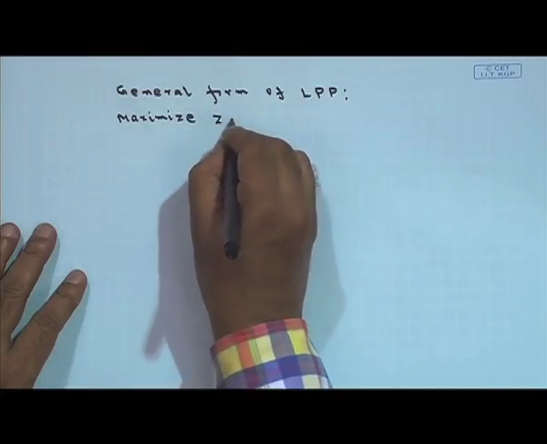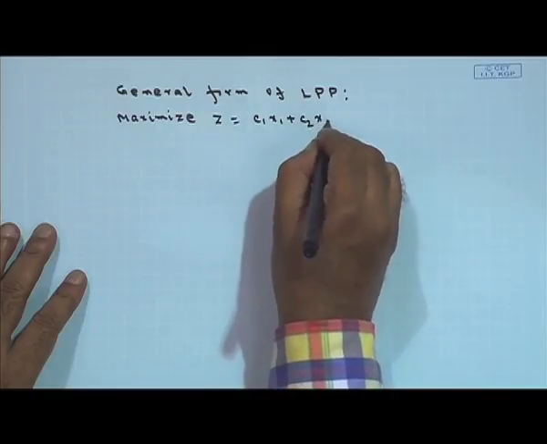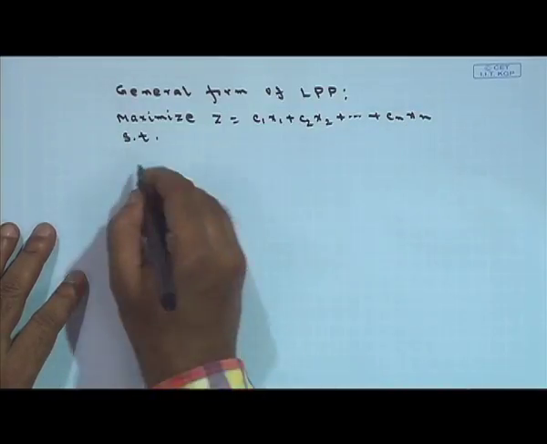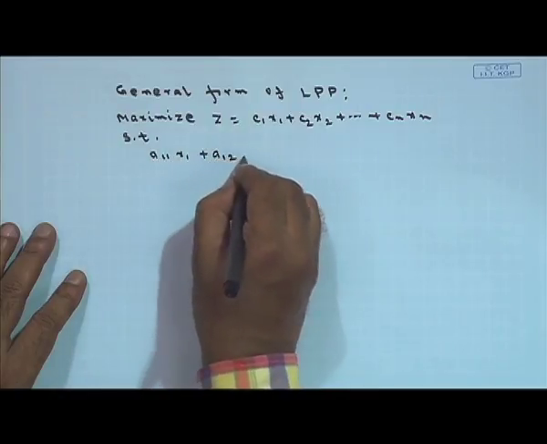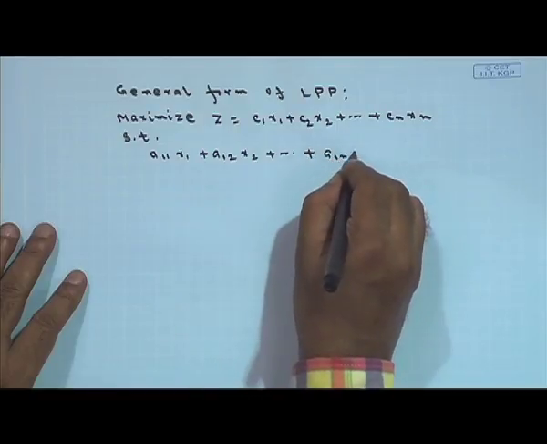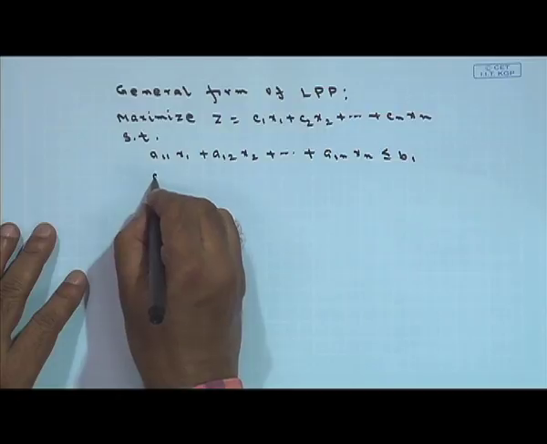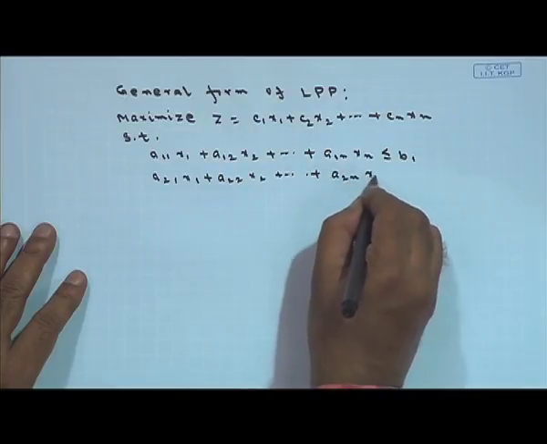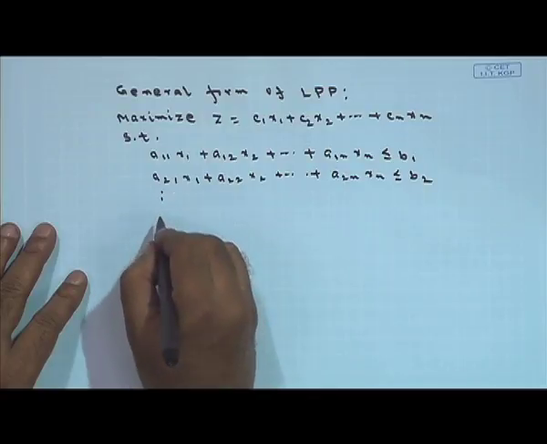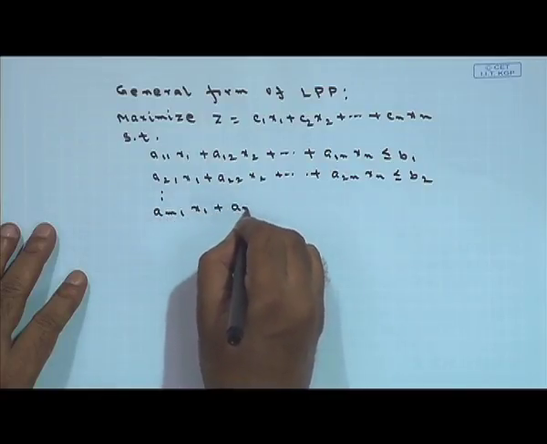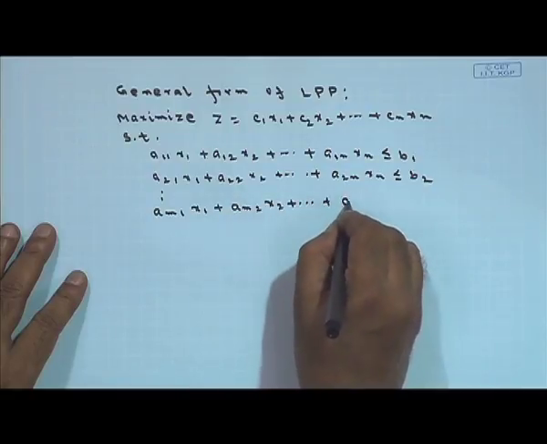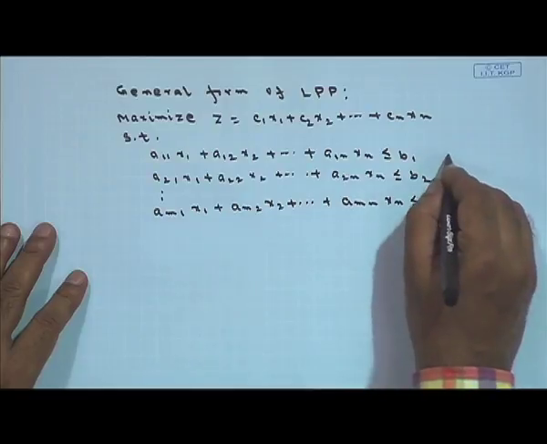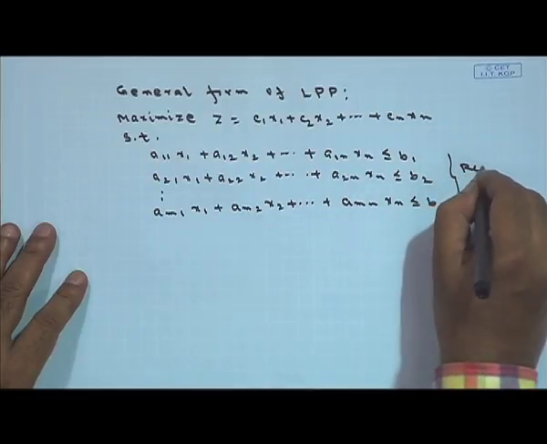Maximize or minimize Z equals C1 x1 plus C2 x2 plus Cn xn, subject to A11 x1 plus A12 x2 plus A1n xn less than equals B1, A21 x1 plus A22 x2 plus A2n xn less than equals B2, and AM1 x1 plus AM2 x2 plus AMn xn less than equals Bm, and this we call the resource constraint.